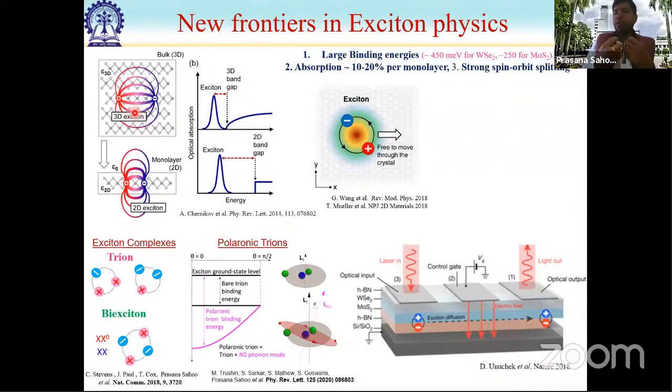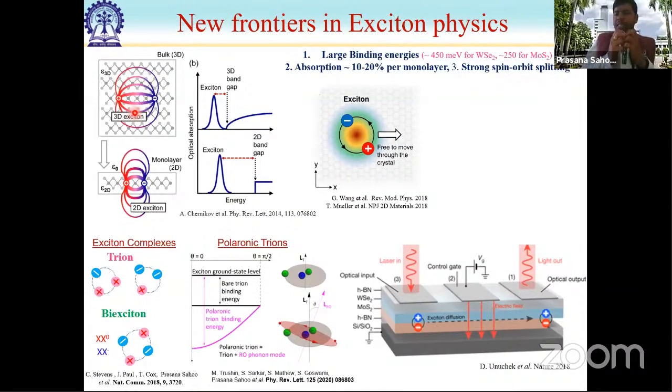Once they form a bound particle, they can move freely along the surface. When you shine light on a semiconductor, that light triggers the generation of carriers, an electron and a hole together. That electron can combine with a hole and form an exciton.